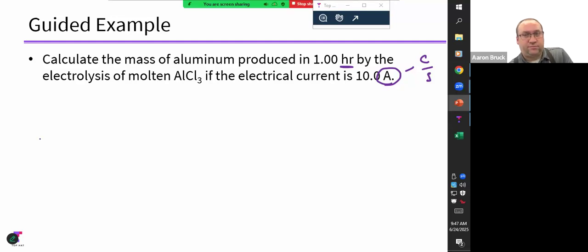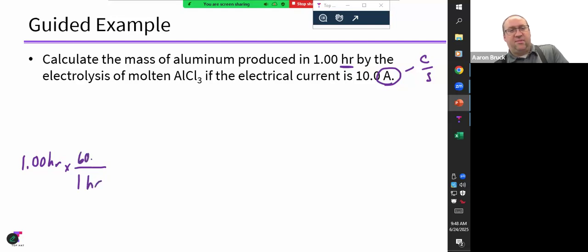So starting with my 1 hour time, my first thought would be, well, amps are in units of seconds. I need to convert the hours into seconds. Now, if you don't know that there are 3,600 seconds in an hour, you can break this down piece by piece. I know that 1 hour contains 60 minutes.